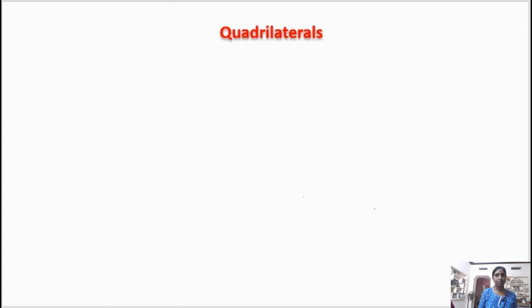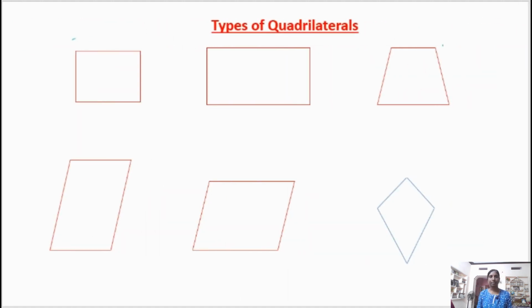Let's go to the next slide. Here we have some types of quadrilaterals. Let us name the first figure A, B, C, D. It is a quadrilateral because it has 4 sides.